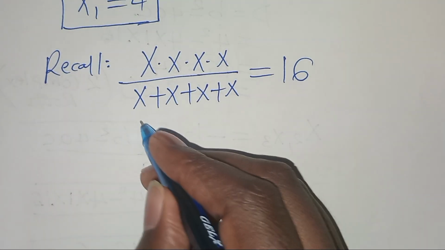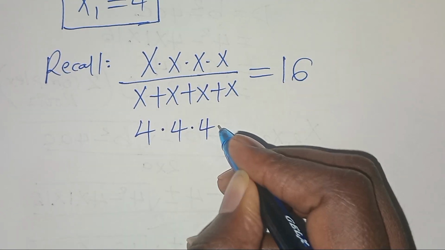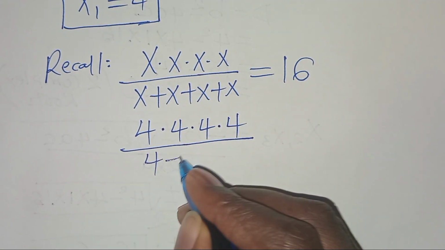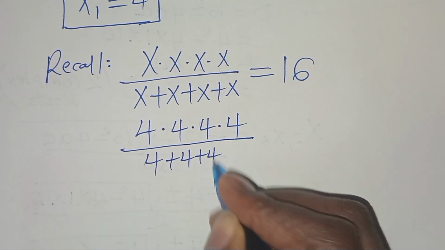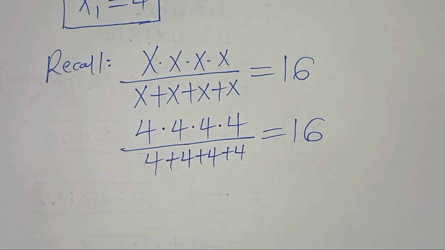So here we have 4 times 4 times 4 times 4 divided by 4 plus 4 plus 4 plus 4, this should give us a value of 16.